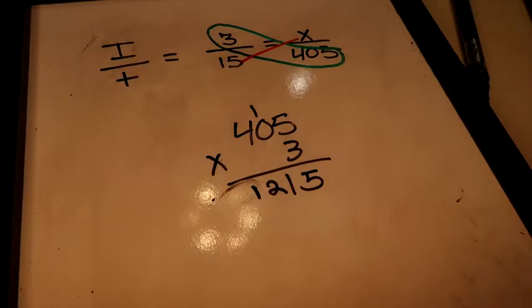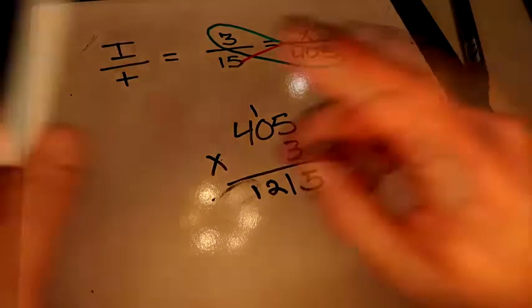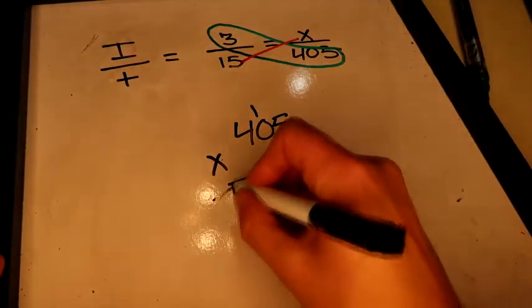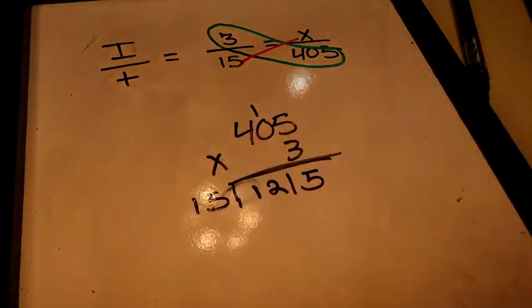So then we have 15. 1,215 divided by 15 equals, one sec, I want to make sure I did this right, equals 81.